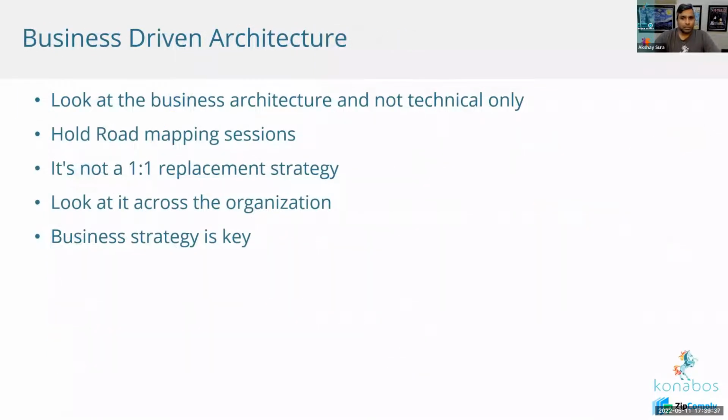One of the things which we absolutely believe in, and this is what we follow when we are doing everything, is we do not look at it as a technology problem. When we get into composability, we are not looking at, okay, we have Sitecore XP or Sitecore XM, let's remove that and put in a headless CMS. That's not the approach we typically take. In our road mapping sessions, we're not talking about the technology problem you're having, but the process problem you're having.